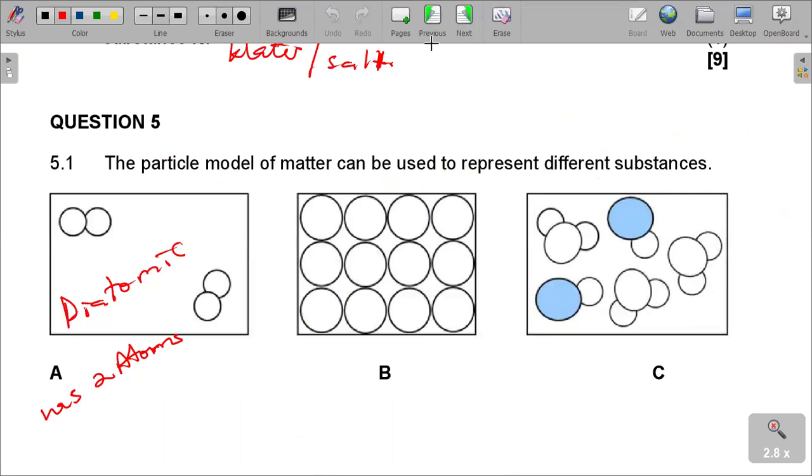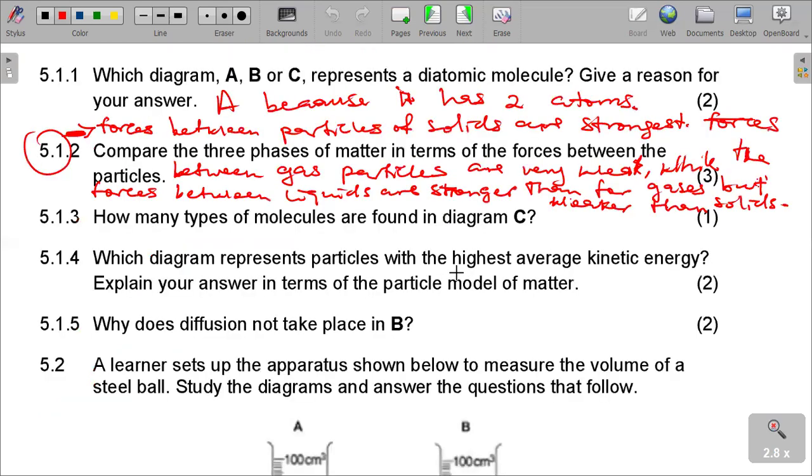We have got two types. There are two types there.